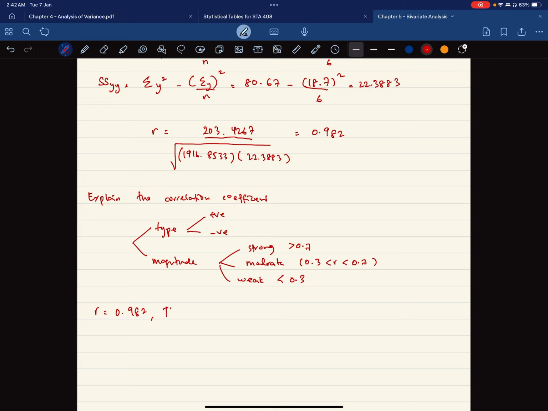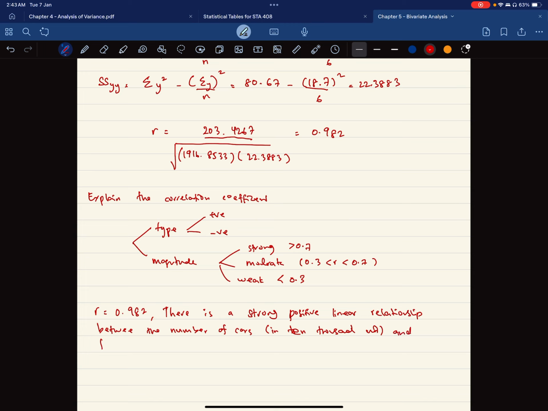Negative or positive? Your value is positive, so we say that there is a strong positive linear relationship between the number of cars, in units of 10,000, and the revenue, in millions.